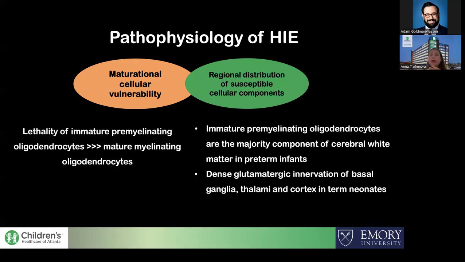That's one of the factors contributing to predominantly white matter injury in preterm infants compared to term infants, where it's hypothesized that the tendency to predominant injury to the gray matter is, at least in part, related to dense glutamatergic innervation of the basal ganglia, thalami, and cortex in term neonates.